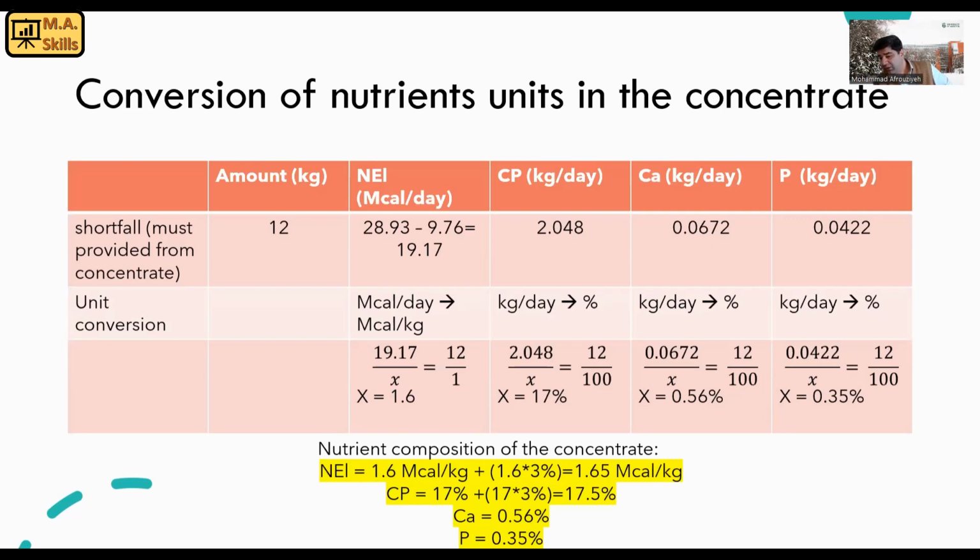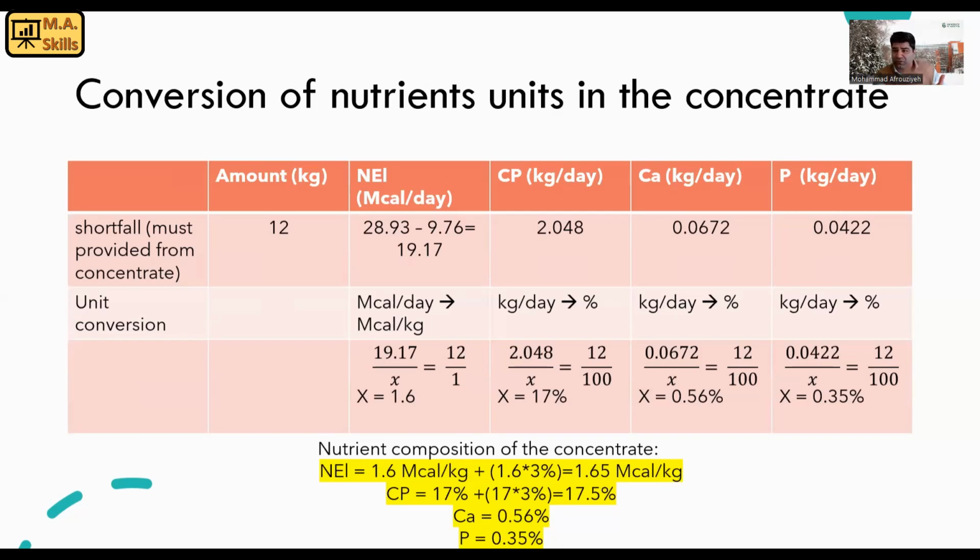Not for calcium and phosphorus, because we are just dealing here with protein and energy. By adding those additives, which are part of the concentrate, we are actually diluting the energy and protein in our concentrate, and we want to prevent that dilution.